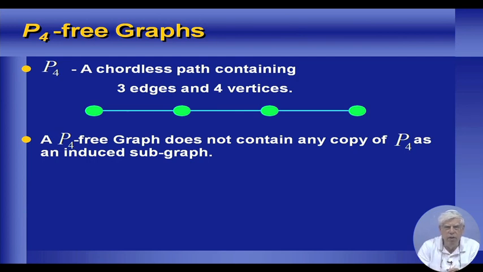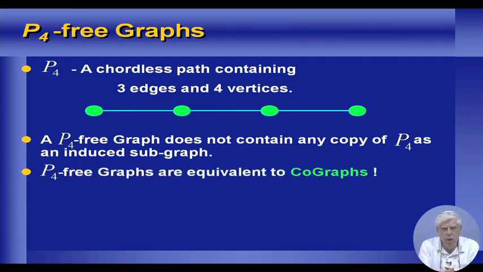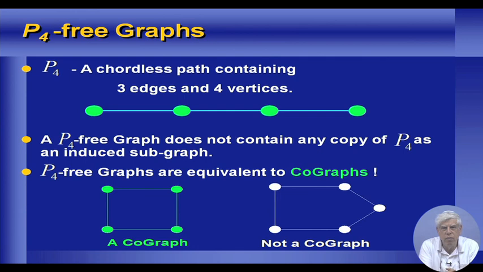And there we have the definition. And lo and behold, P4 free graphs are equivalent to CoGraphs. CoGraphs defined through this decomposition, the P4 free graphs defined by some local forbidden configuration.